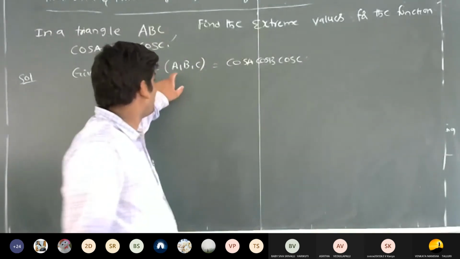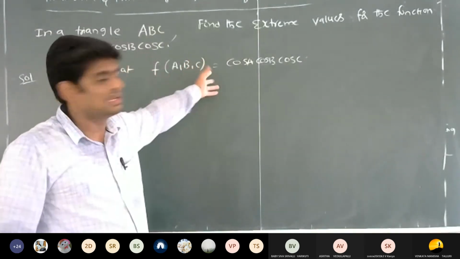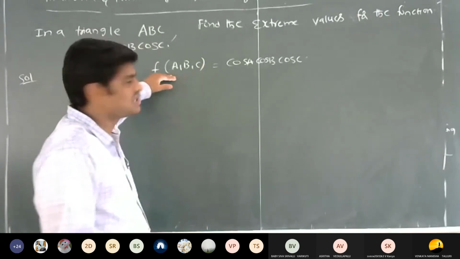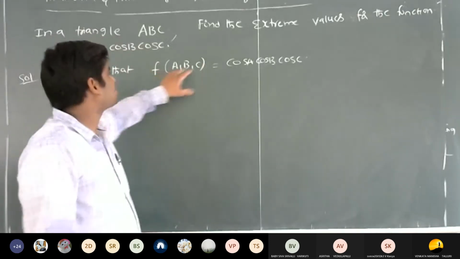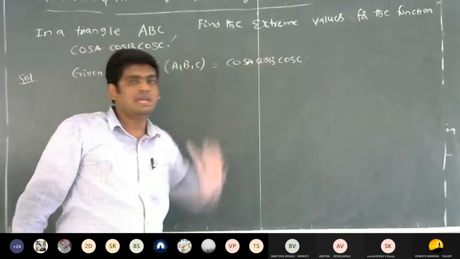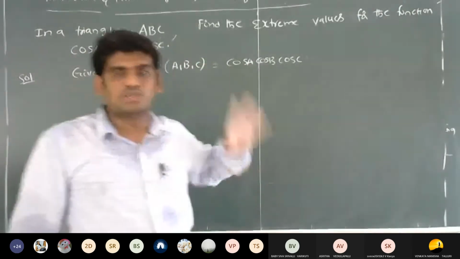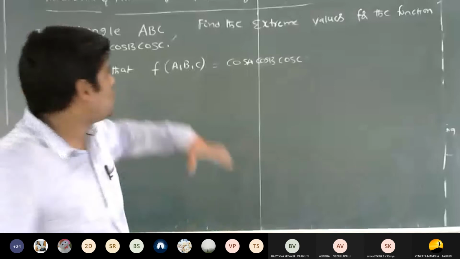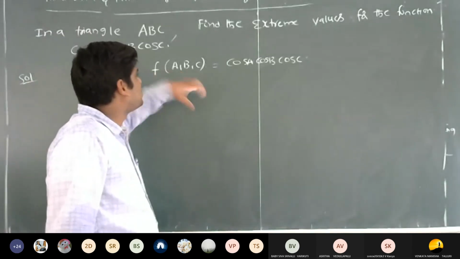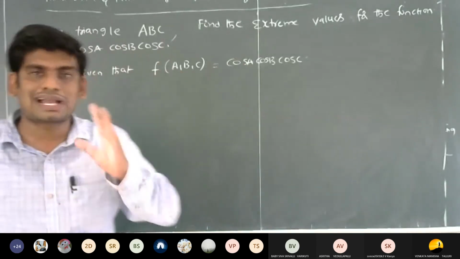Many of them are getting confused about what A, B, C are here. A, B, C are angles, but they are represented in a function, so it is a function of A, B, C: cos A, cos B, cos C. So it is a function of three variables, A, B, C. We have to change this into two variables by using the constraint.